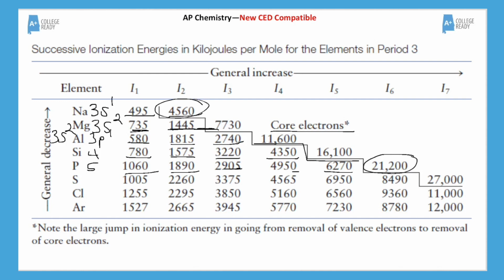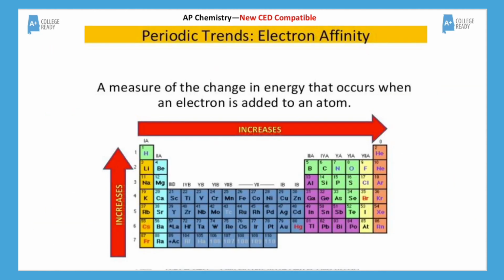If I get to sulfur, 1, 2, 3, 4, 5, 6 valence electrons. You can see chlorine, and it's like off the chart. Okay, and we know chlorine has 7, and then argon has 8. So make sure you understand this trend and these large jumps in ionization energy.